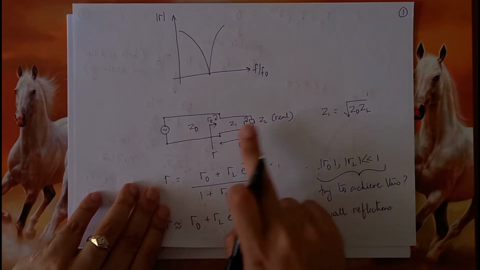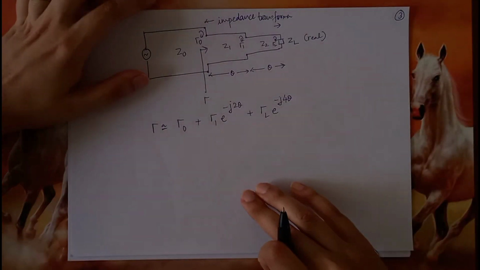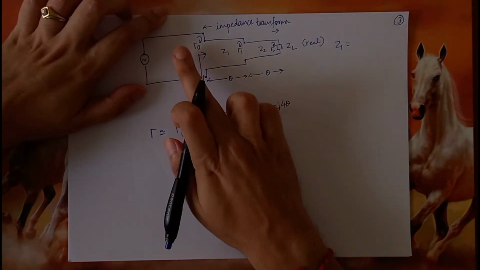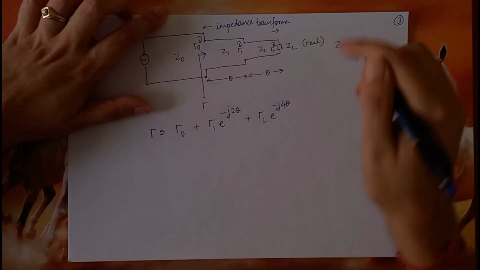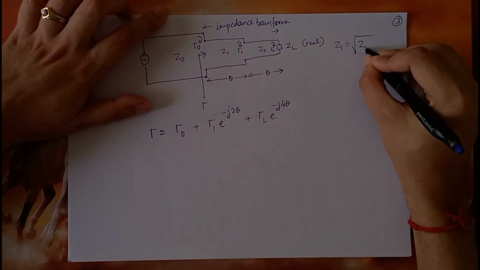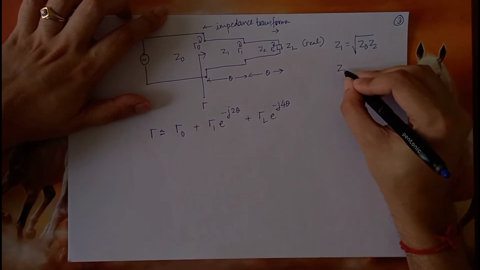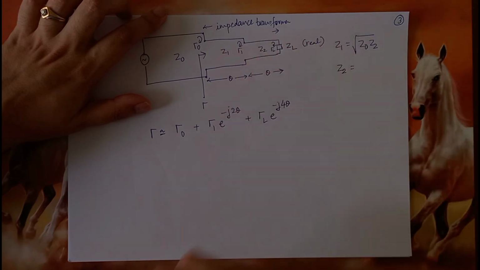So in this case, Z1 will be the geometric mean of the two impedances at either end of it, that is Z0 and Z2. Likewise, Z2 will be the geometric mean of Z1 and ZL.